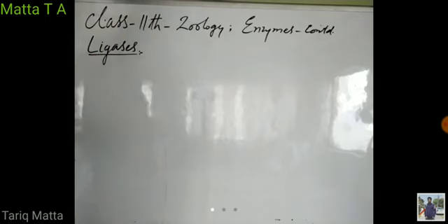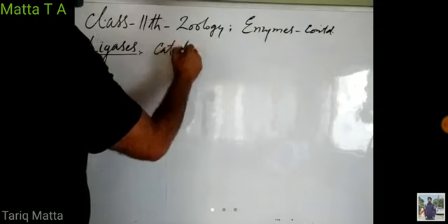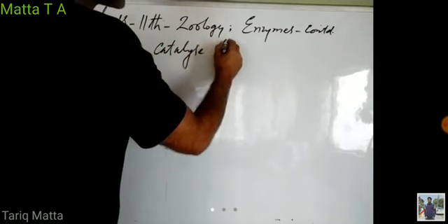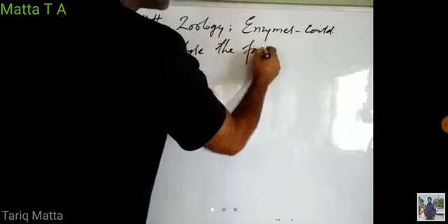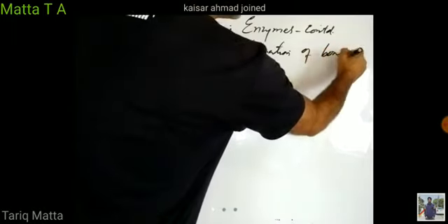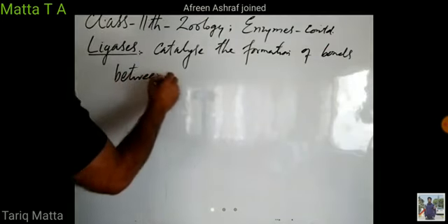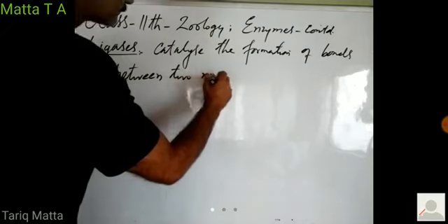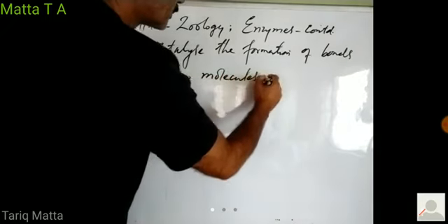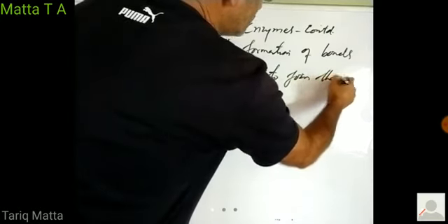Now today we are going to discuss the last class of enzymes, known as ligases. So what are ligases? These are the enzymes which catalyze the formation of bonds between two molecules to join them together.